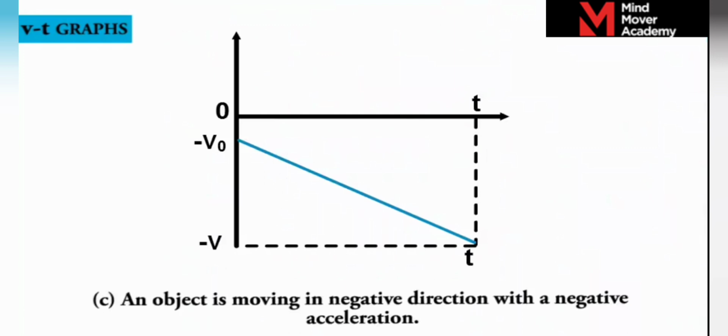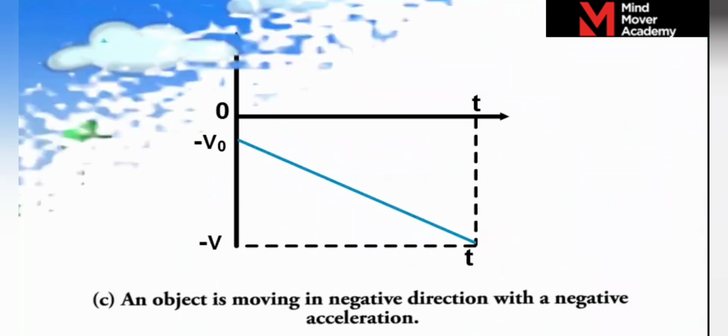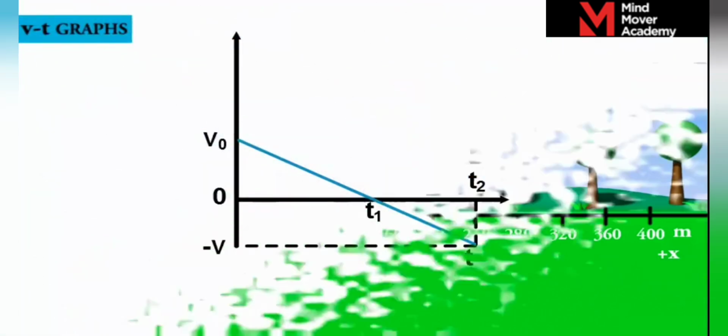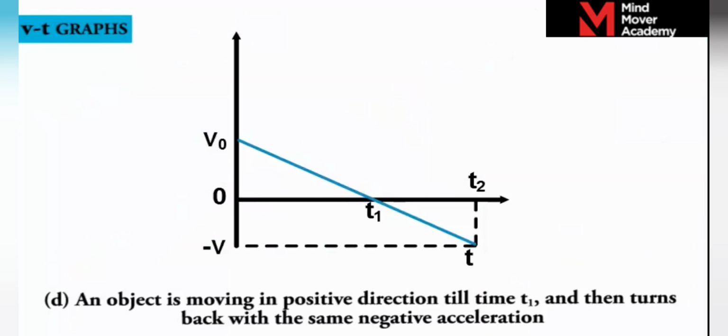C. An object is moving in negative direction with a negative acceleration. For example, the motion of a car moving from O in negative x direction with increasing speed. D. An object is moving in positive direction till time t1 and then turns back with the same negative acceleration.